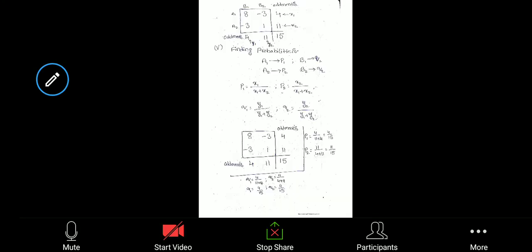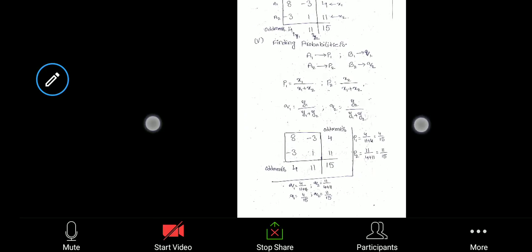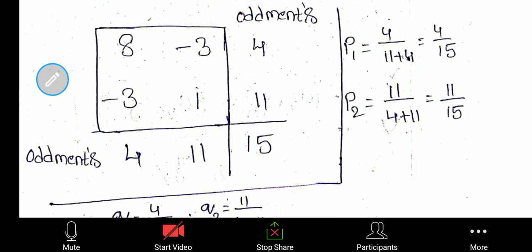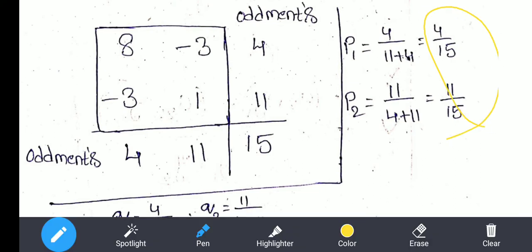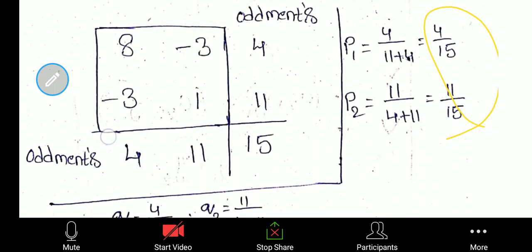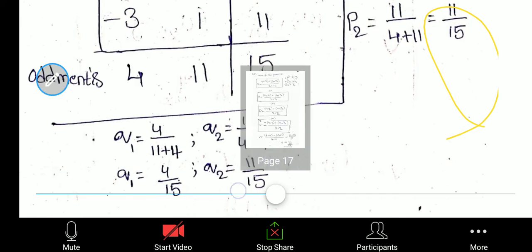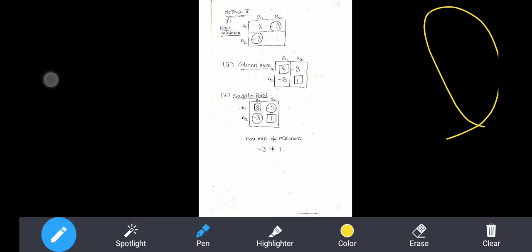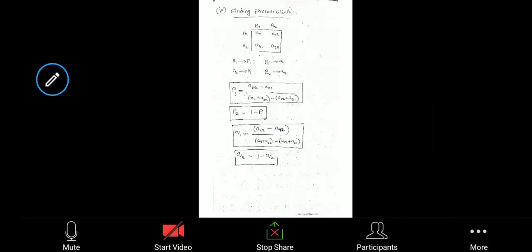By using oddments, I calculated these values, that is 4 by 15 as well as 11 by 15. So this is the way to calculate the probabilities.